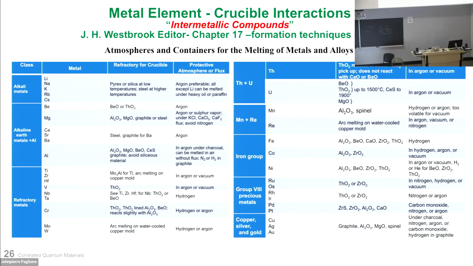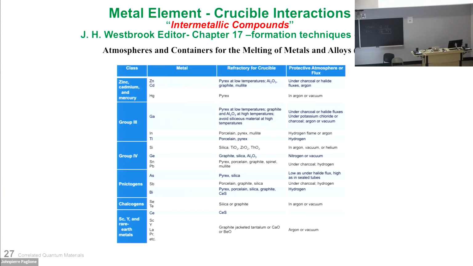And it also tells you what the protective atmosphere should be. And this is a good starting point for guessing what sort of crucible you might want to use to grow your material. Because typically you start with either elements or pretty simple compounds. And this goes on for rare earths, silicon, germanium. So it's got pretty much all the different elements that you can work with. So this is a good way of deciding which material you should use.